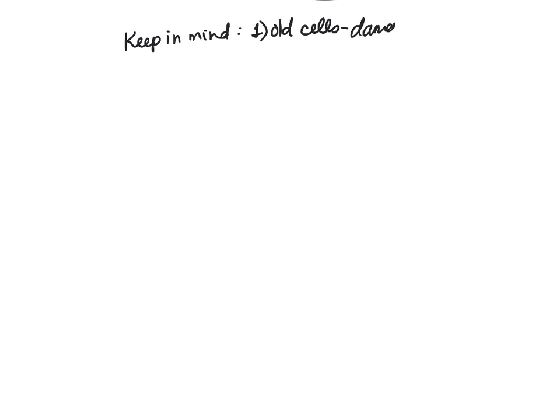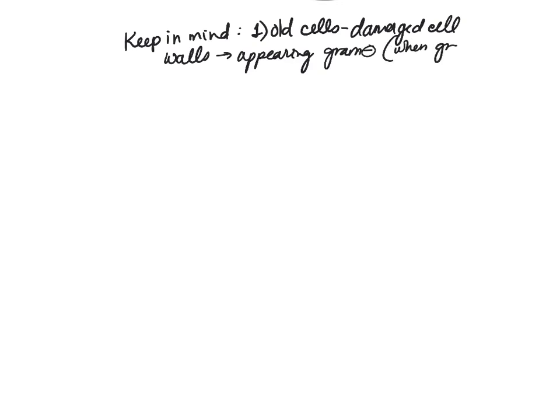So you always want to make sure that you have a fresh culture of cells. That's going to give you the best result, a nice, healthy, fresh, growing culture of cells rather than some old cells.